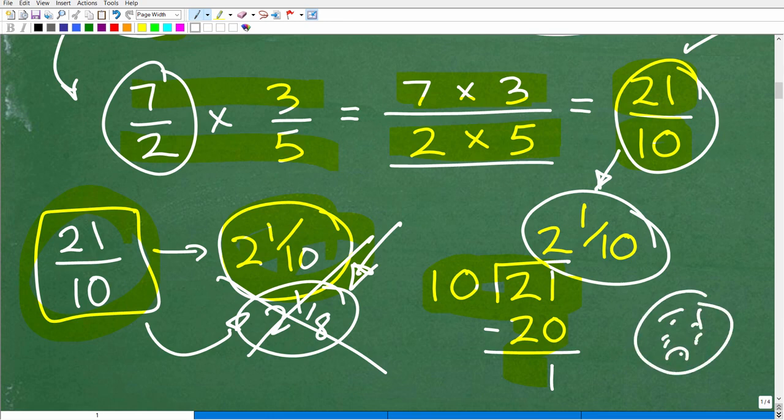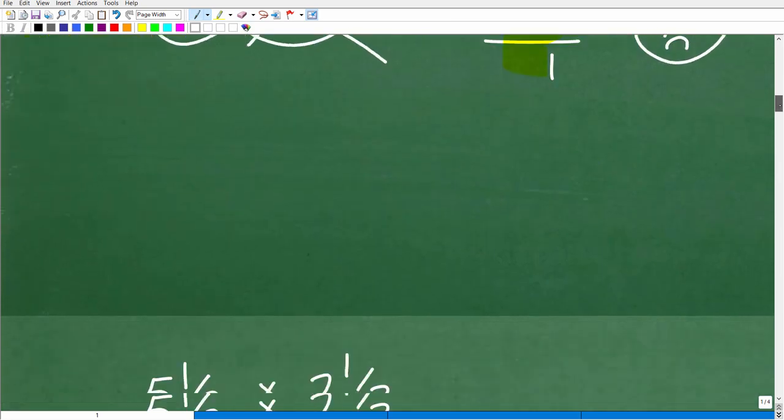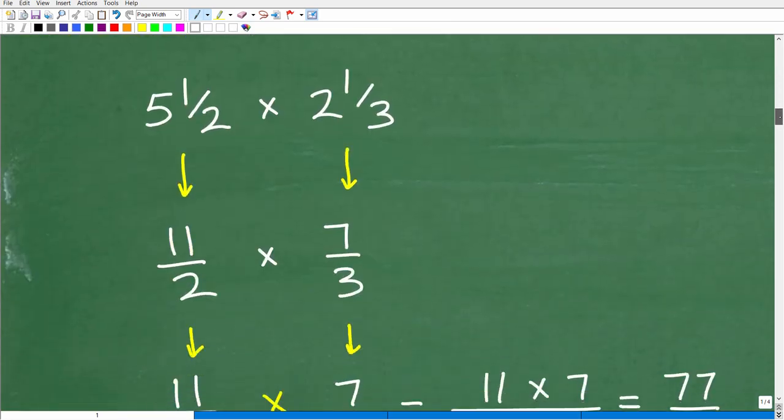So here's the deal: unless you're told to, again, write your final answer as a mixed number, do not do it. However, you do need to make sure all your answers when it comes to fractions, whether you're adding, subtracting, multiplying, or dividing, are fully simplified.